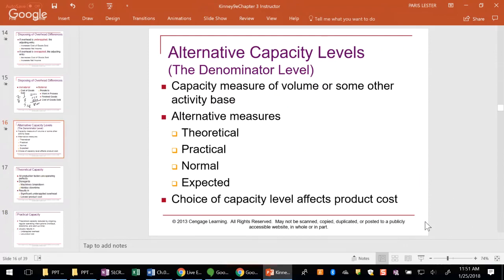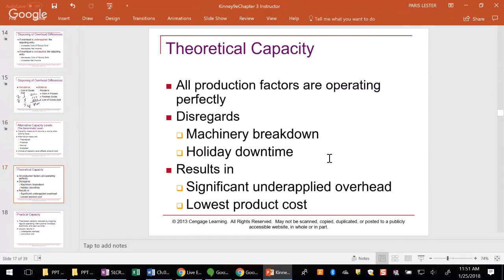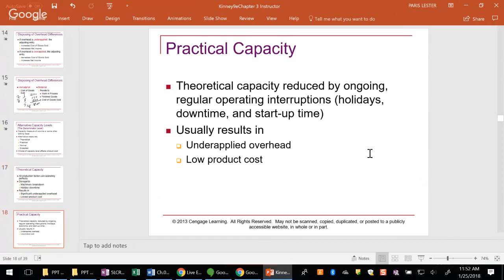Alternative capacity levels, the denominator level, capacity measure, volume, or some other. Theoretical measure, a practical measure, or normal or expected. So we'll need to look at what those mean. All right, theoretical capacity, everything is perfect. No breakdowns, no holidays. Practical capacity is theoretical capacity reduced by interruptions, holidays, downtime, startup time, machine time.